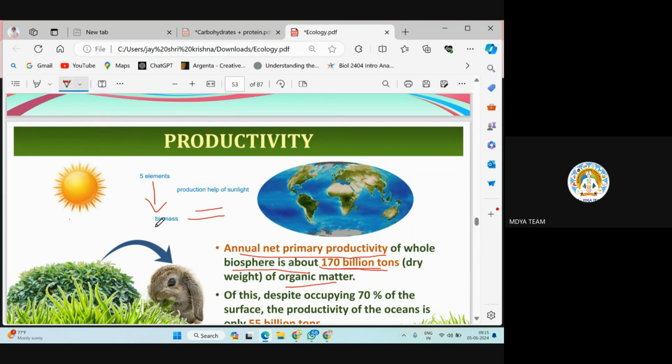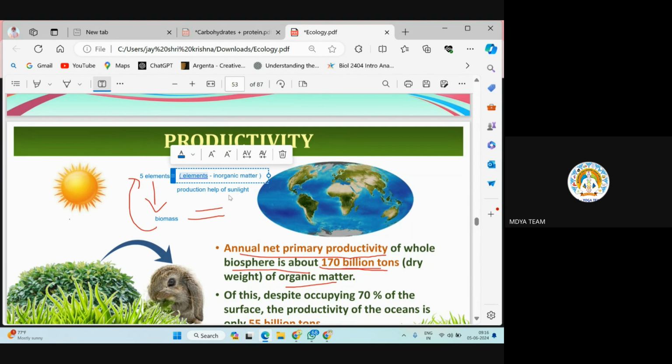Now the biomass will again be converted into the 5 elements, the Panch Tattva. Every time we say our body will be dissolved into those 5 elements. So this is yogic philosophy. If you introduce science here, our body is made up of certain elements, and these elements are known as inorganic matter, for example carbon, hydrogen, protein, minerals.